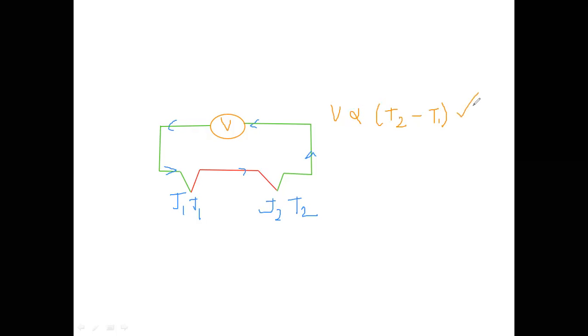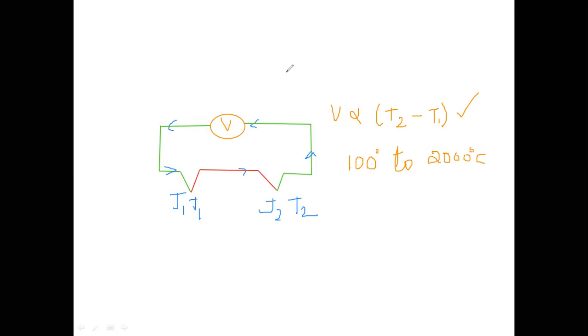There are some laws regarding thermocouples. Generally, thermocouples are used to measure temperatures of higher order, between 100 degrees centigrade and 2000 degrees centigrade.